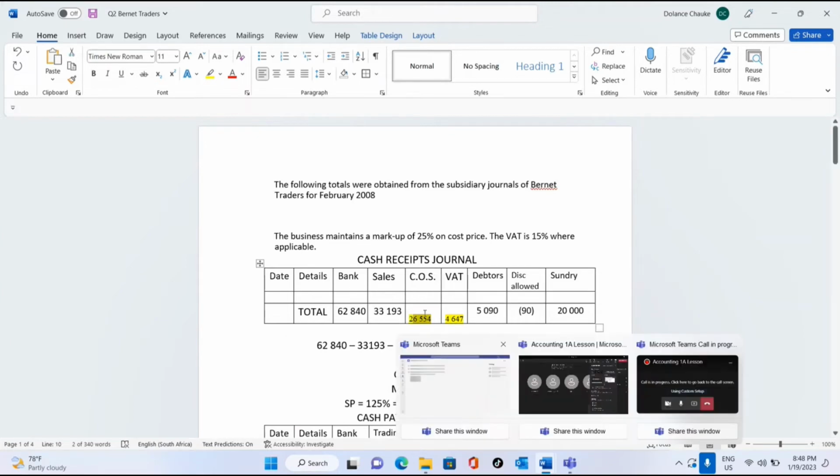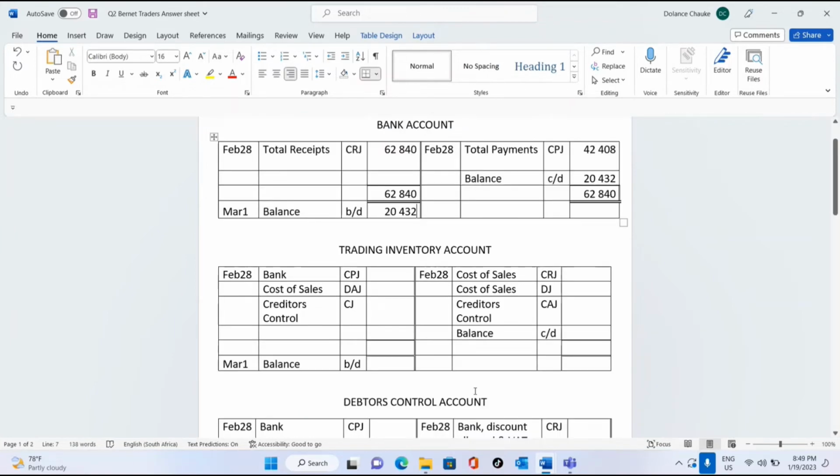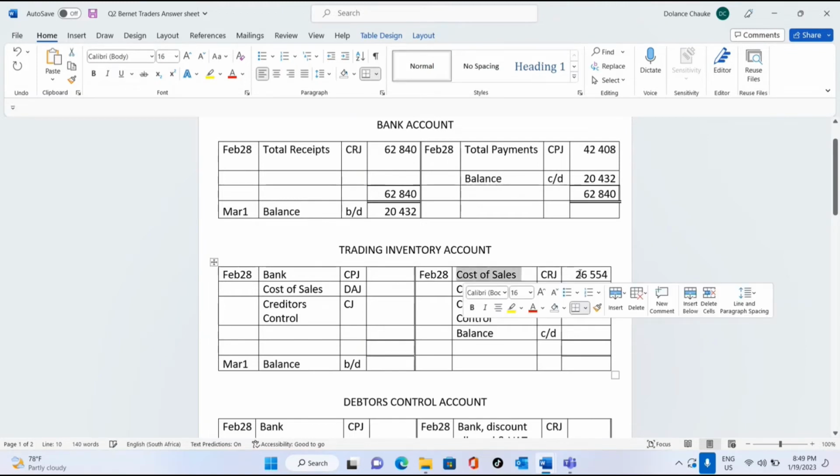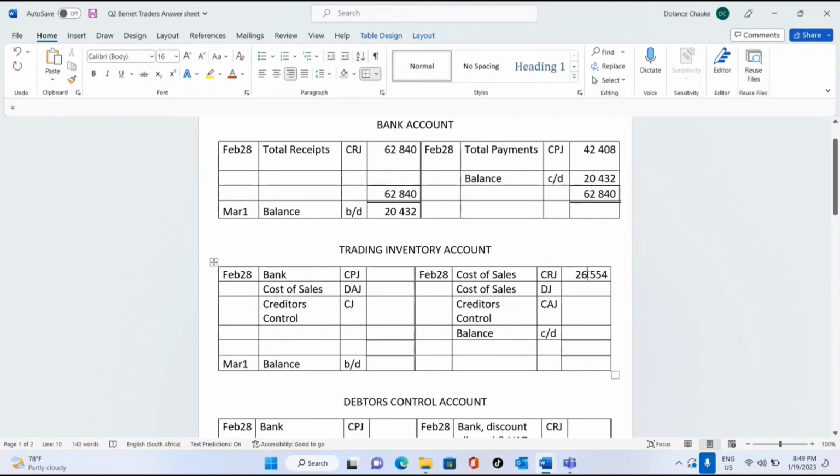So this cost of sales here will go to our answer sheet S26554. You see, it's cost of sales of the inventory from the cash receipt journal, and then this is the price, right? Then we're done from the cash receipt journal.